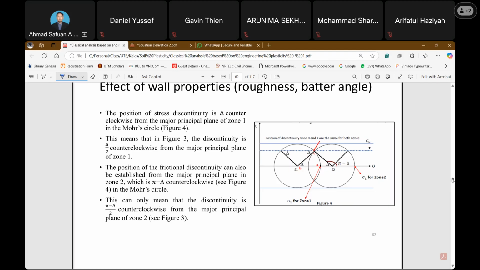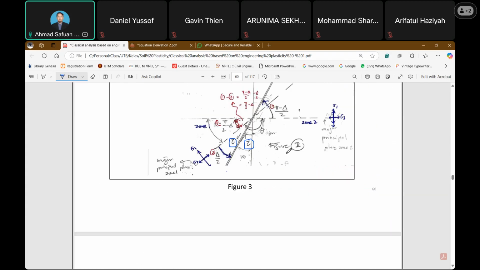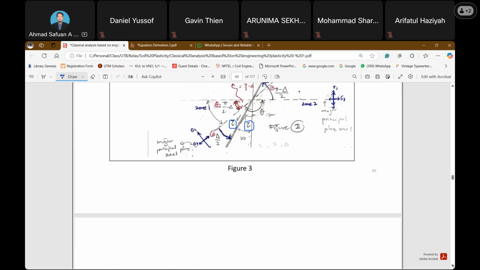This is the major plane, so it is delta over 2 towards what we call the discontinuity line. So that is the delta over 2.